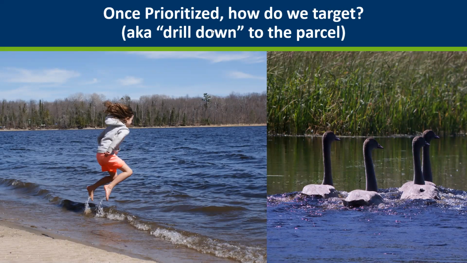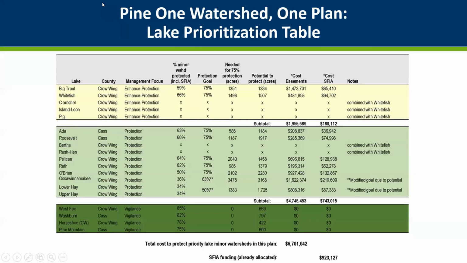In some cases, you'll see lakes can't get to 75% because they've already got too much disturbance. And so a lower goal is set, such as the ones at 63% there, and another set at 50%, because these lakes are not likely to reach 75%. Next slide.